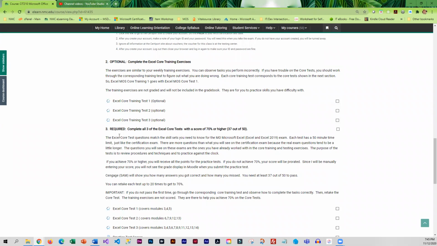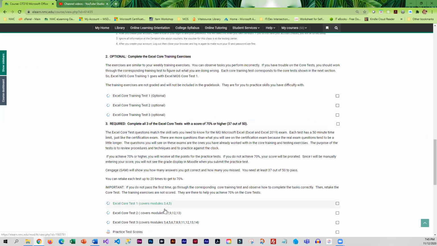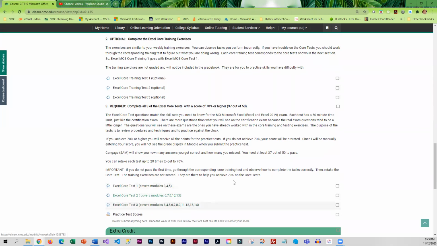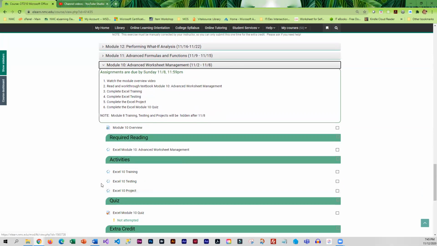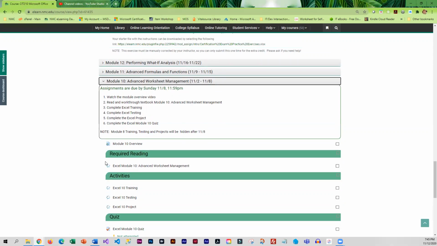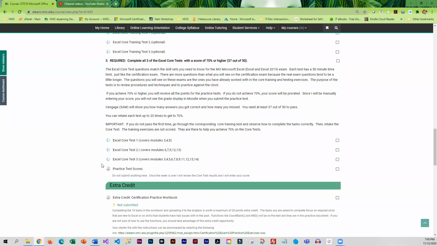Then, what is required for practice are all three of these core tests. And the questions that are in the core tests are the same as the tests that you have been doing all semester. So these testing exercises that you have been working on throughout the semester, they are back for you to practice here.